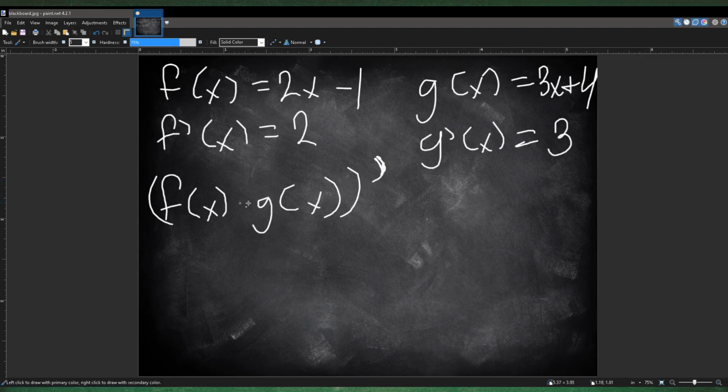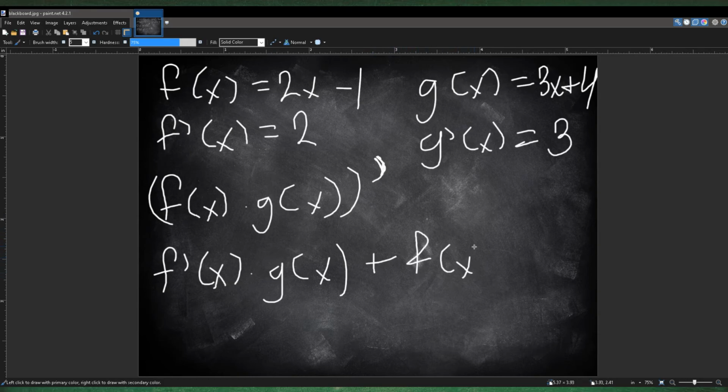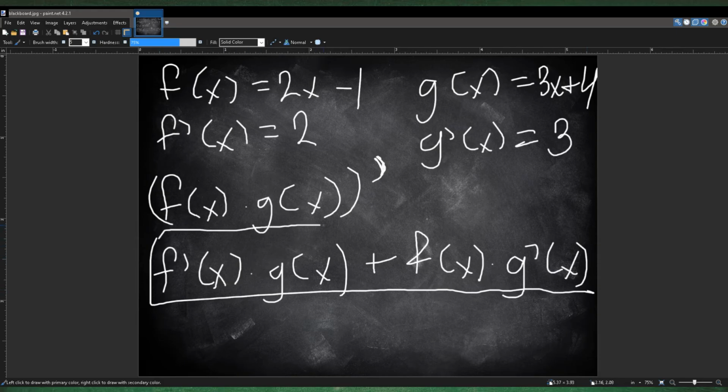So the derivative of f of x times g of x is written as the derivative of f of x times g of x plus f of x times the derivative of g of x. This is the general formula that you have to follow every single time you're finding the derivative of a product of two equations.